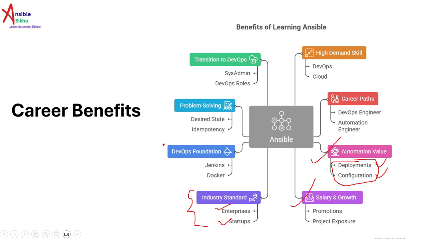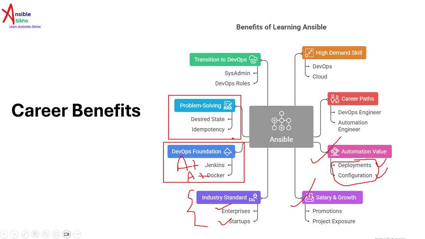As a DevOps foundation, you will be able to integrate Ansible with Jenkins and Docker, which is a containerization platform. You will be involved in problem solving teams, and in discussions about desired state and idempotency, which we have already seen.